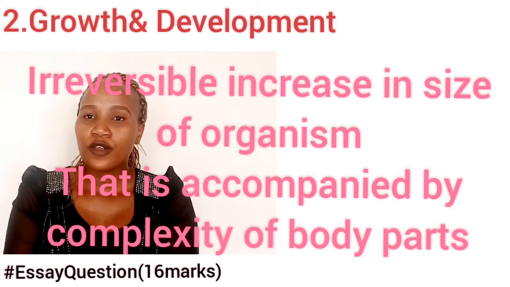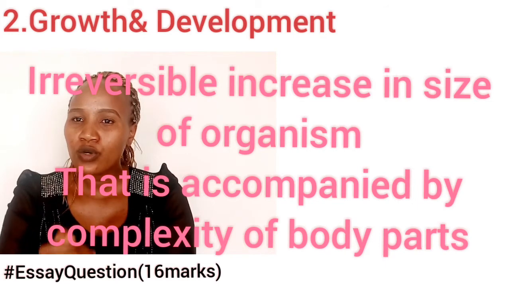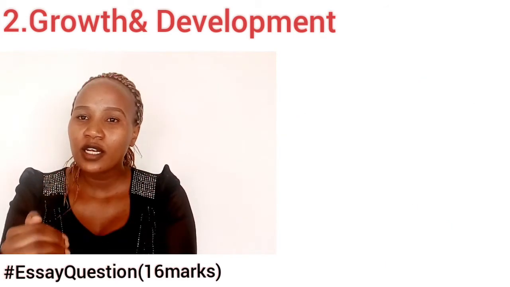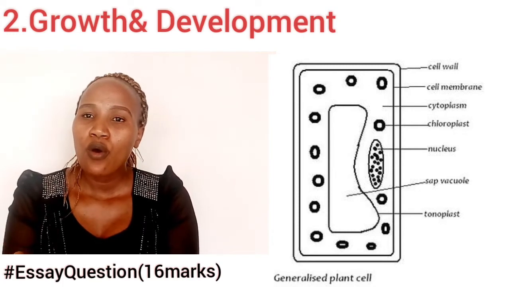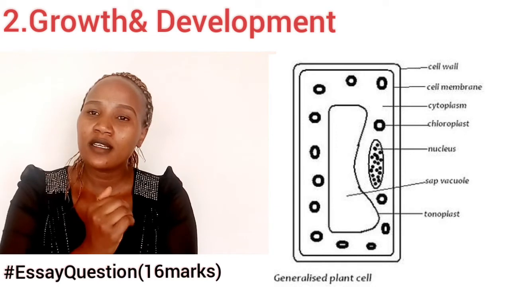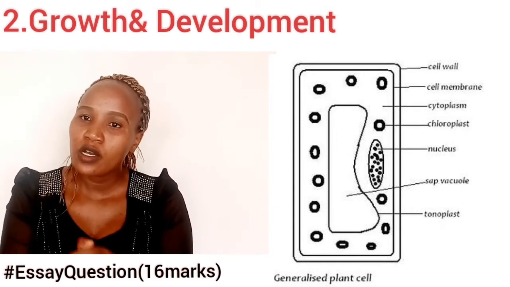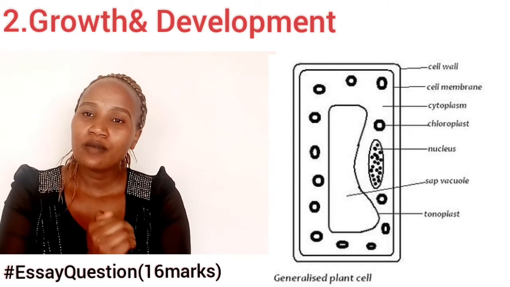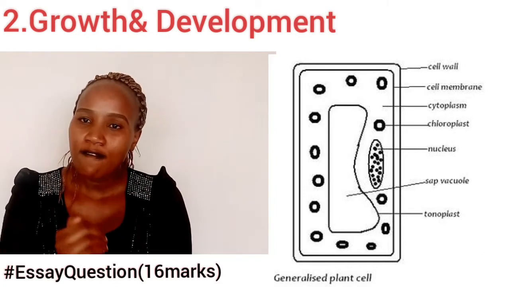When we talk of development in plants, if we narrow down to the general structure of a plant cell, we know the cells that have been differentiated have slight modification so that these specialized cells can perform a specialized function.